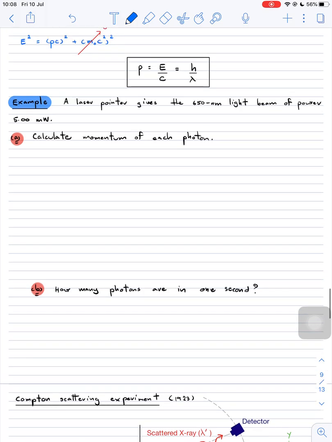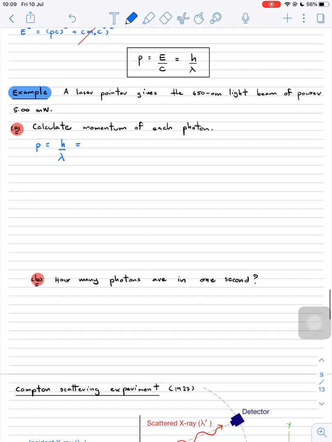That's easy, because we just want to find p, and we know the Planck constant and we know the wavelength. So let's use p equals h over lambda. The Planck constant is 6.626 times 10 to the negative 34 joules times second.